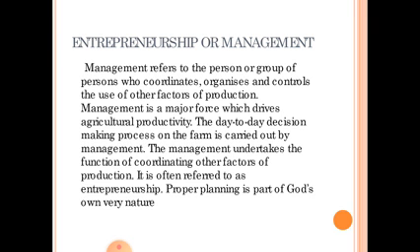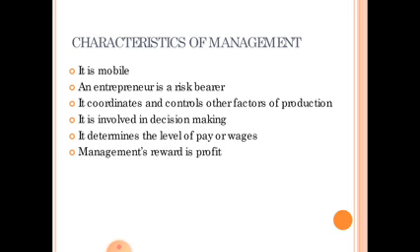Now, let's look at the characteristics or features of management. Number one, management or entrepreneurship is mobile. Yes, it means that it can move from one place to another. Also, an entrepreneur is a risk bearer, so he bears the risk of the business.